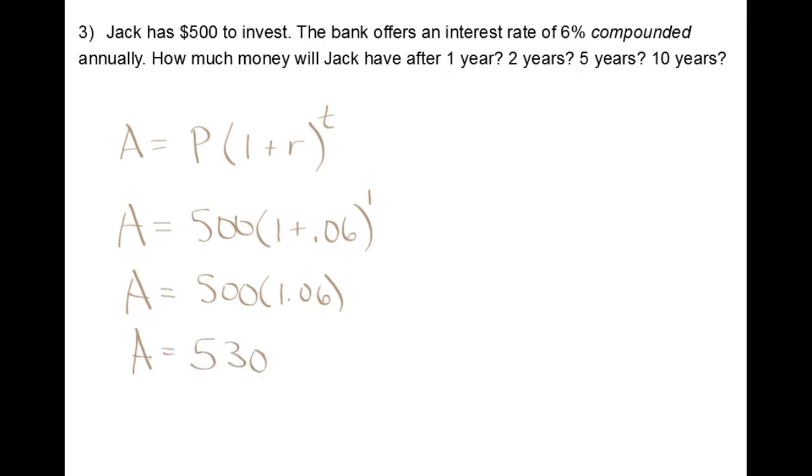$530. So in this formula, what the formula will do is we'll take that $530 and add it in so it can use it for the second year. But we don't have to do that every time. We can just plug a 2 in for our exponent to get our next number. So I'm going to do this one more time by hand, but then show you a way nicer way of doing this.